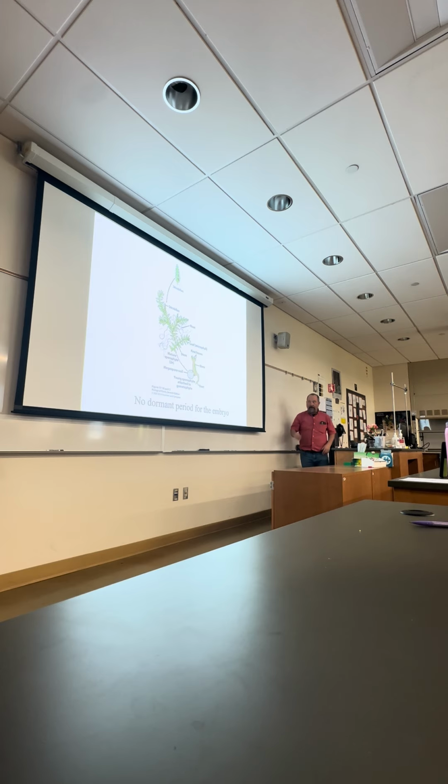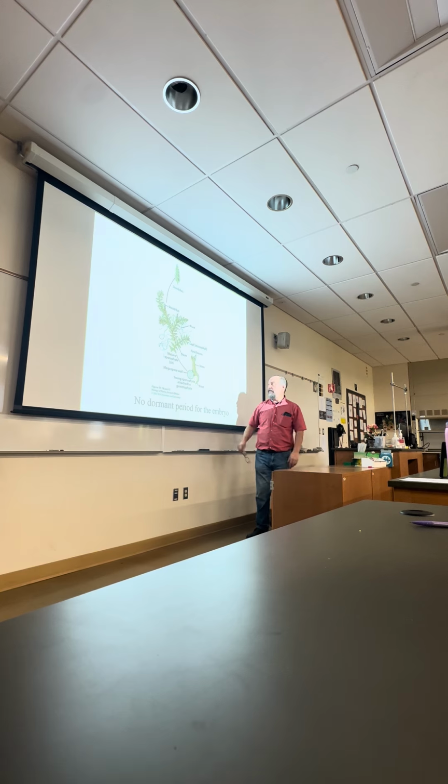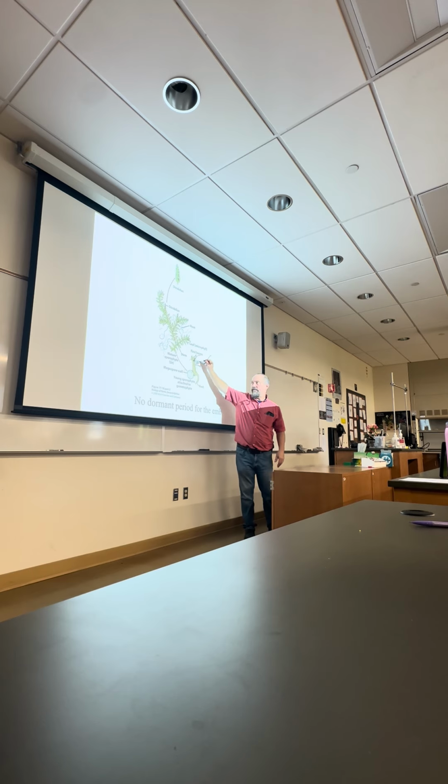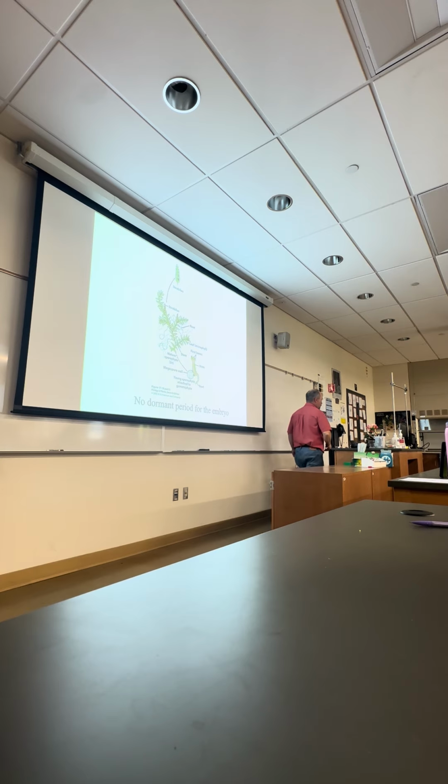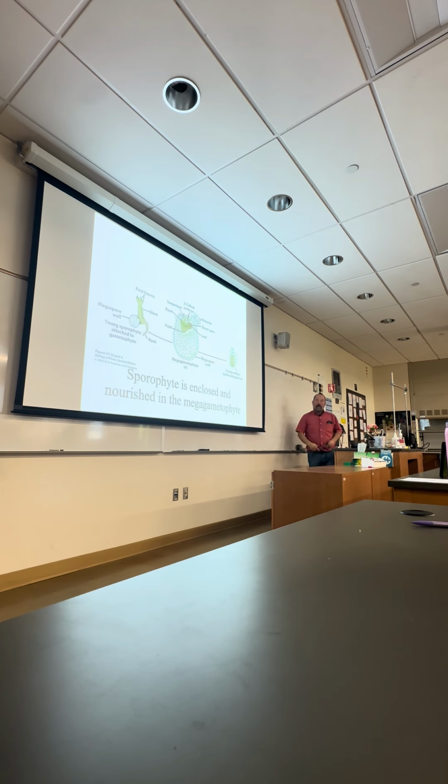So a big thing here is that there's no dormant period for this embryo. It has to grow immediately. So here's that sporophyte coming out that was growing inside the megaspore. You can see the advantage of a seed. That's what a seed is essentially going to be. This has to germinate right away. You have your young embryo inside of the archegonium.